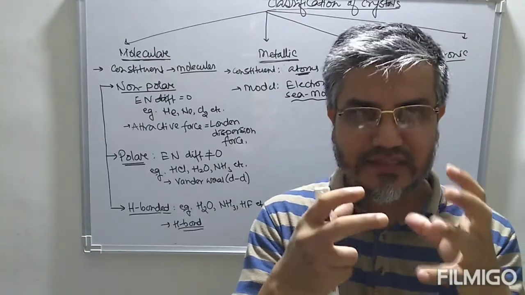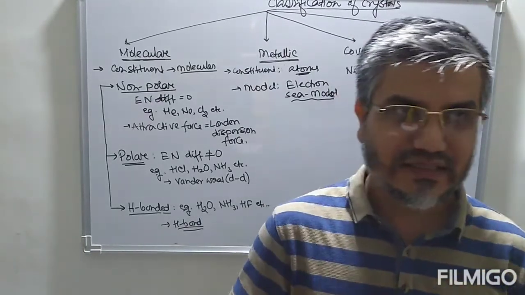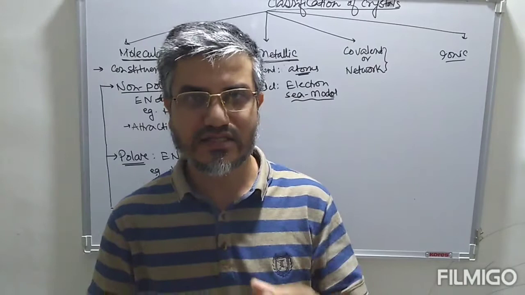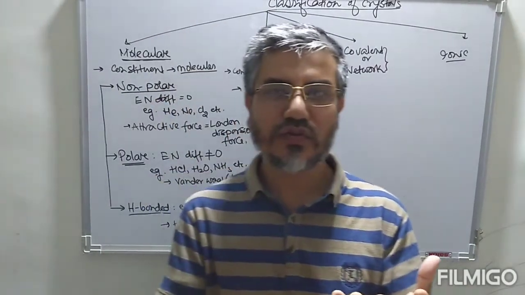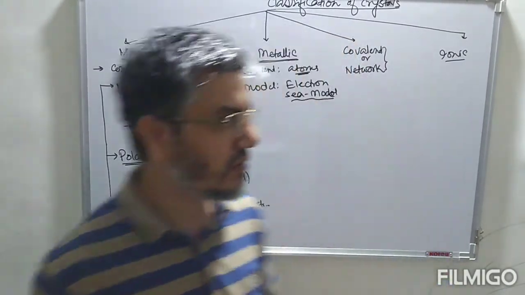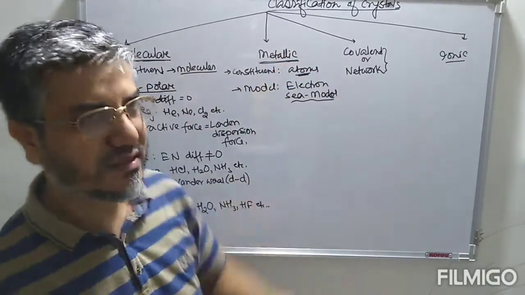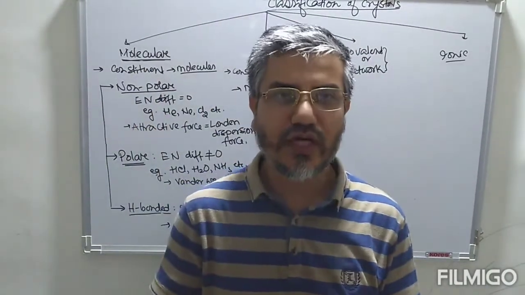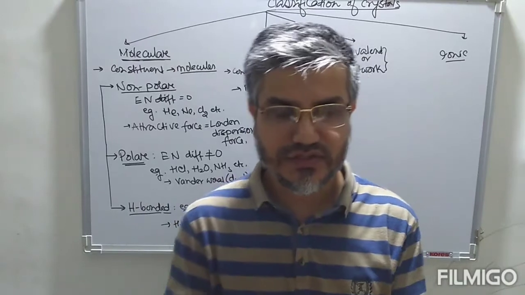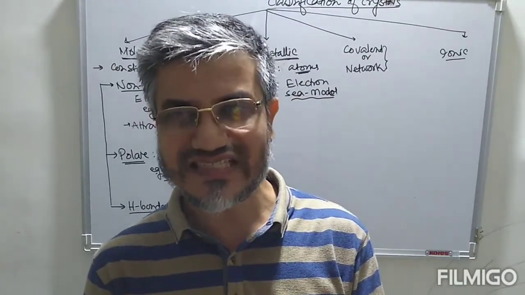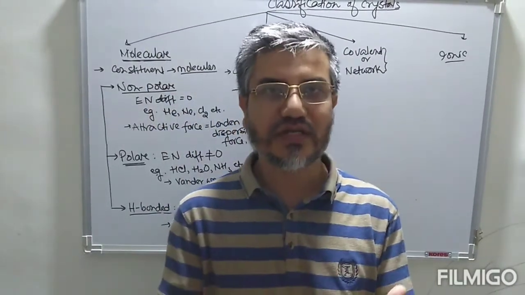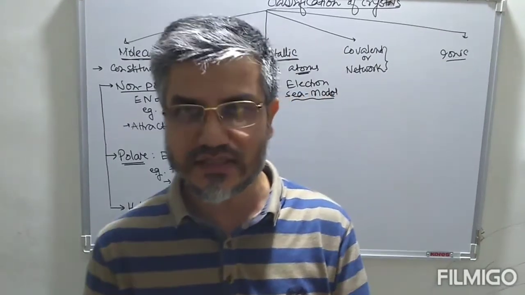Now the crystalline metal, or the metal crystal, is considered to be composed of metal ions, which are known as kernels, positively charged metal ions, also known as kernels.